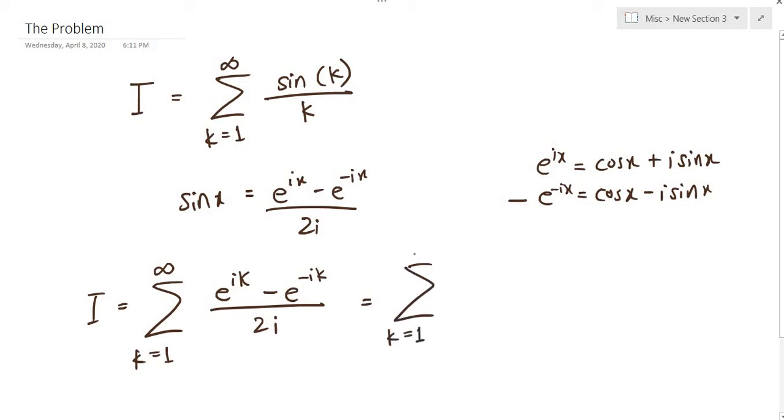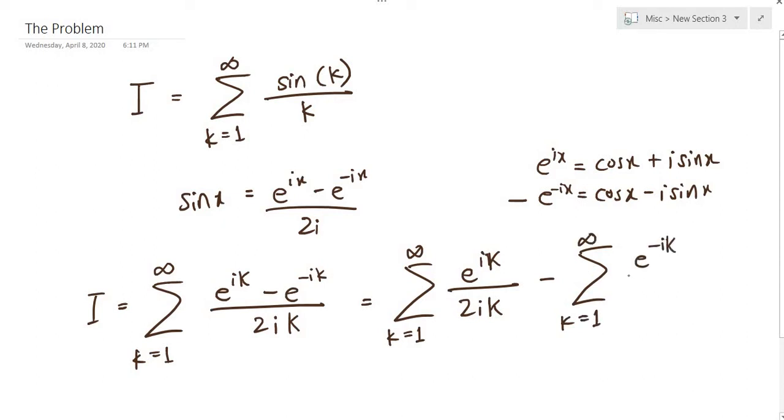One is the sum from k equals 1 to infinity of e raised to ik, and don't forget the k in the denominator, divided by 2ik, minus the sum from k equals 1 to infinity of e raised to negative ik divided by 2ik.